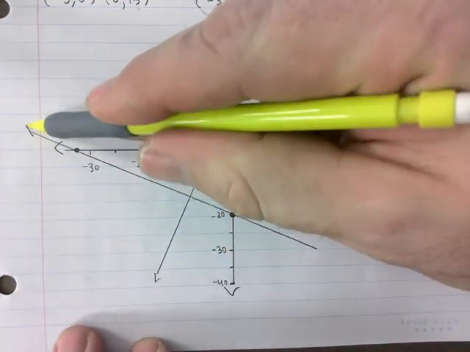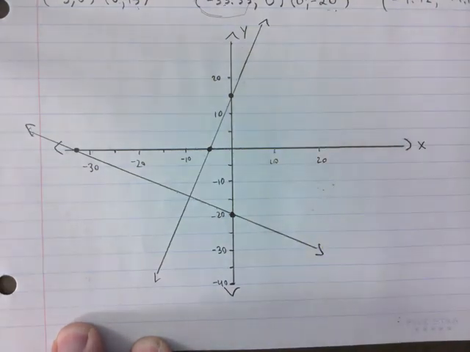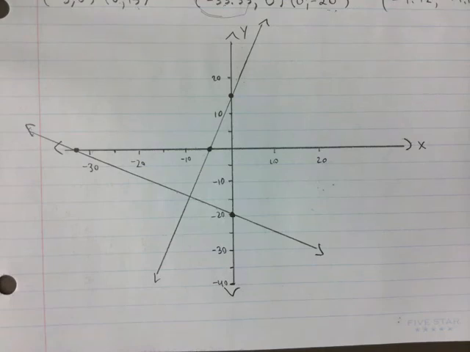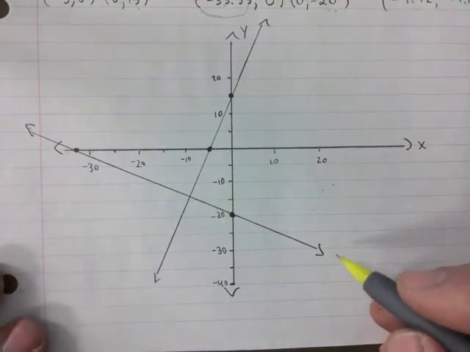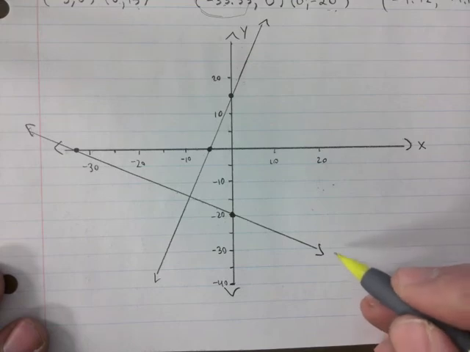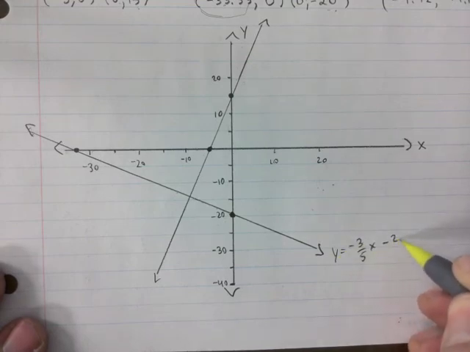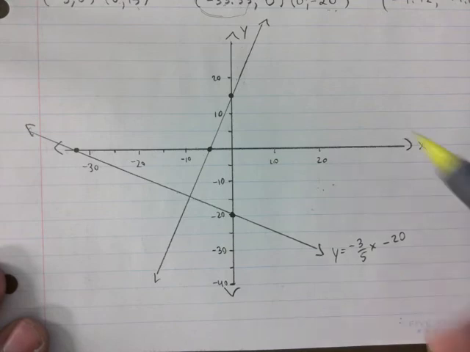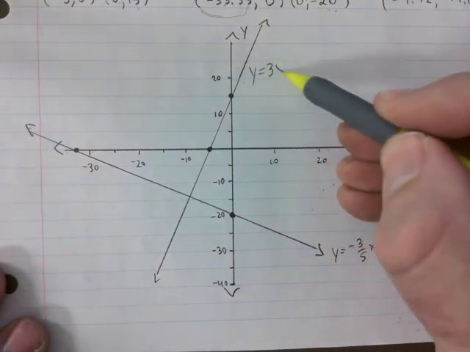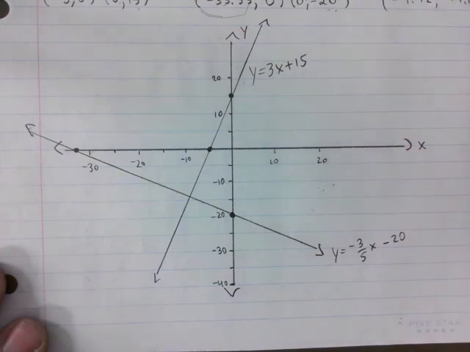Go past. It's okay to go past your graph. And I will label the actual lines. y is equal to negative 3 over 5x minus 20. This is y equals 3x plus 15.